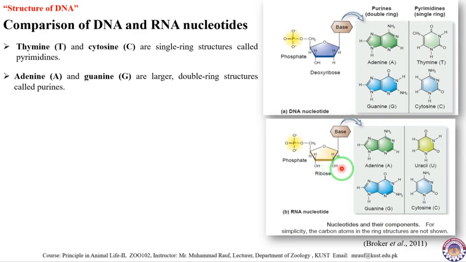So the first difference is the presence of uracil instead of thymine in RNA, and the second difference is the presence of an extra oxygen at position 2 of the pentose sugar in RNA, whereas the extra oxygen is absent in DNA at position 2 of the pentose sugar. That's why deoxyribo signifies the absence of oxygen at that position.